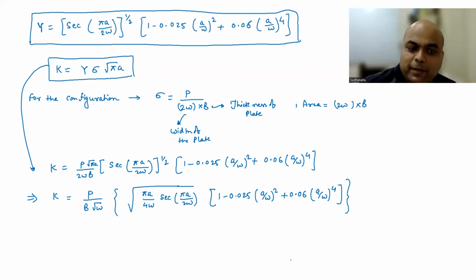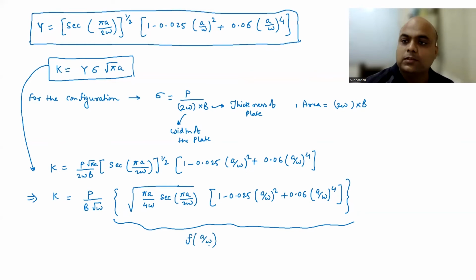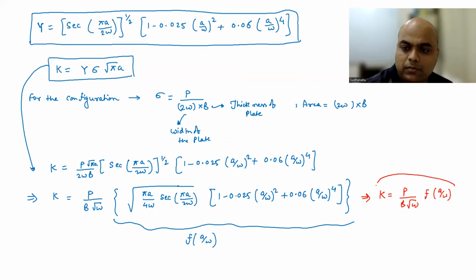So this becomes P by B root over W, and this particular term here we can write as F of A by W. Overall K can be written as P by B root W F of A by W. In general K is Y sigma root pi A, and in terms of W we can write K as P by B root W F of A by W. If we can figure out F of A by W for different geometries of plates, we should be able to figure out K, isn't it?